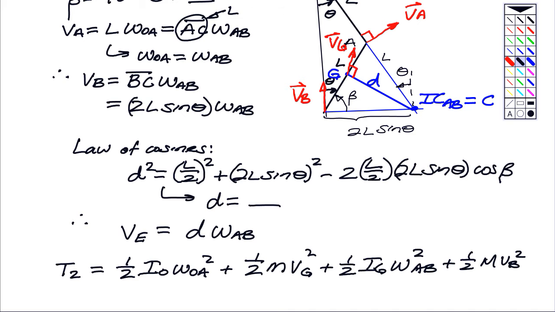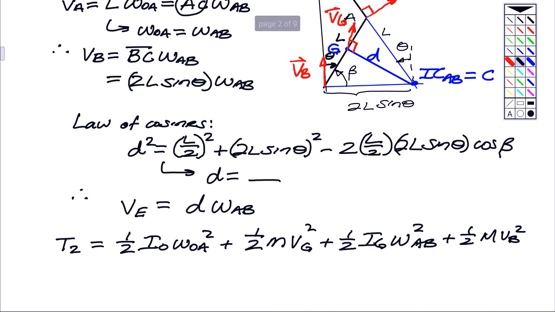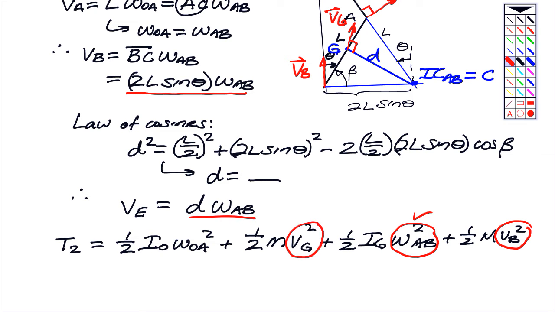So you can see that I have this written in terms of omega AB. VB is written in terms of omega AB right away, VG is written in terms of omega AB, and omega OA we know is exactly equal to omega AB. So this is an expression that's totally in terms of omega AB.